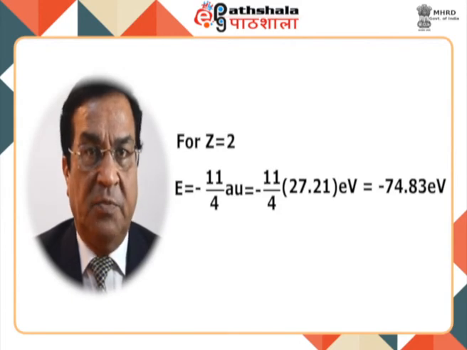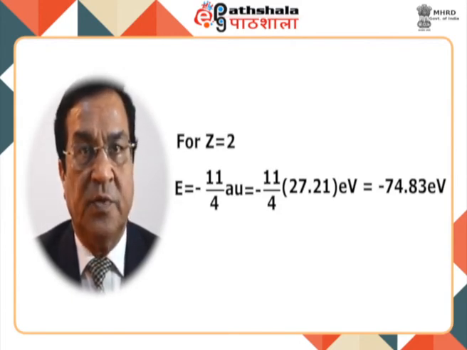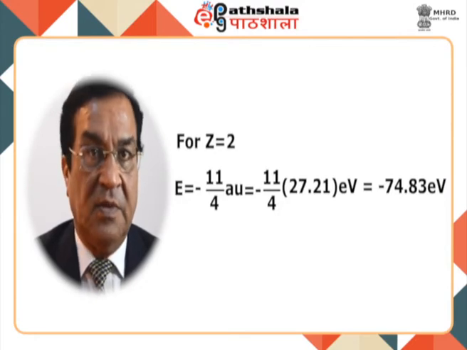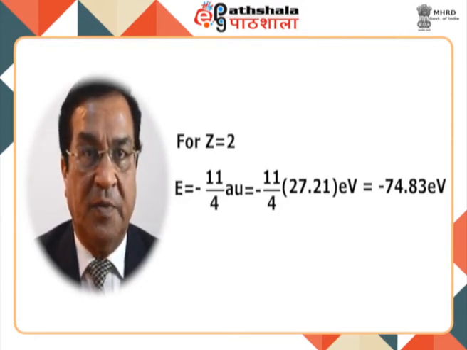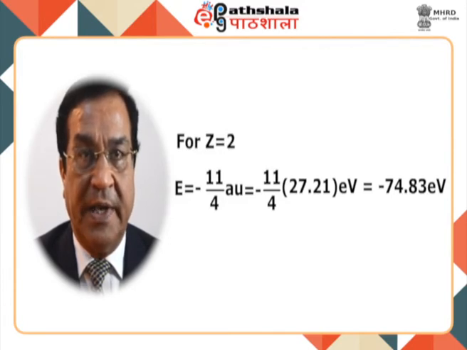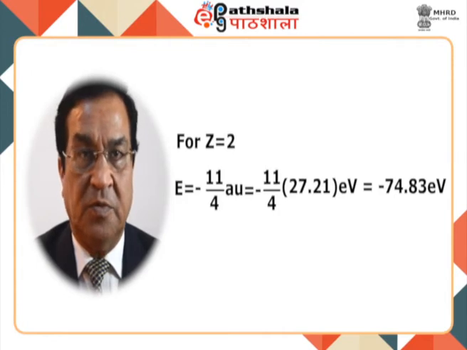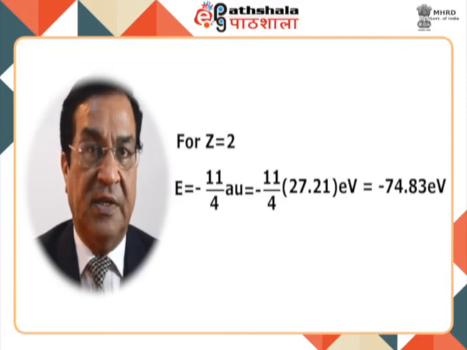So in this module today you have seen the successful application of time-independent perturbation theory to two problems. One was the problem of a particle in a one-dimensional box with slanted bottom. For this system, it would not have been possible to get an exact solution easily.